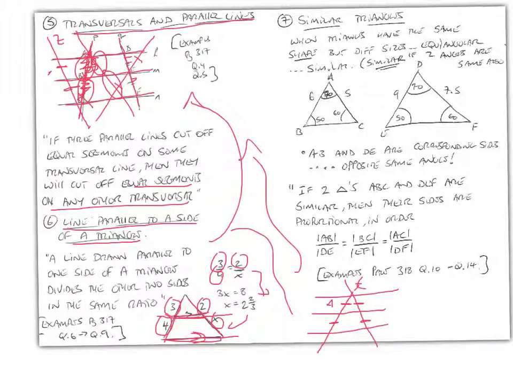So if that was length A, B, C, D, then what I have here actually is a triangle with two parallel lines, and AB is the same as C over D.